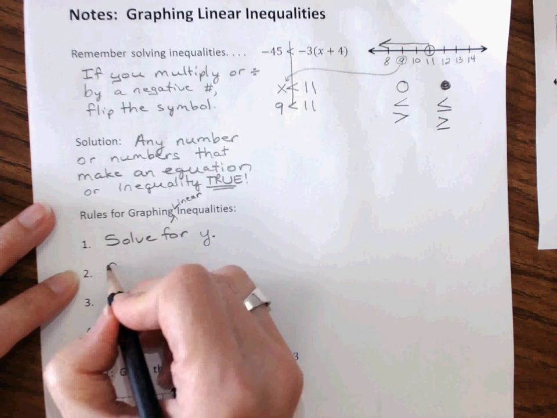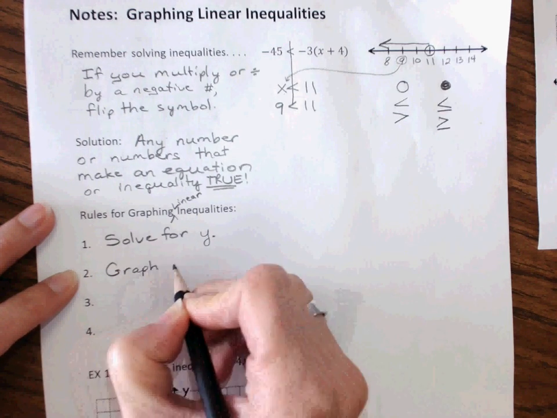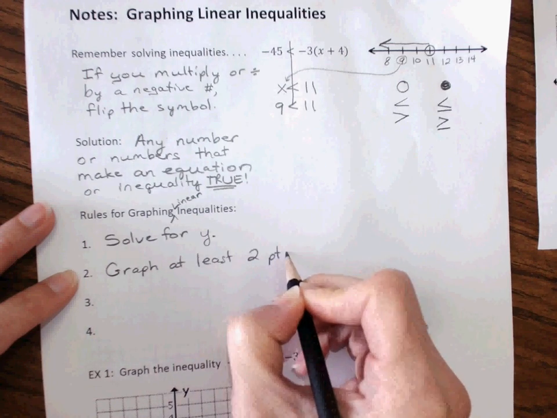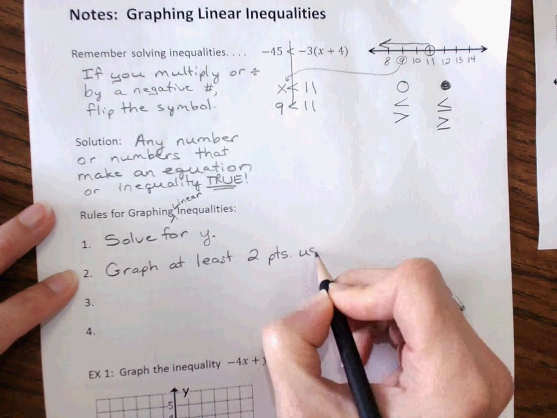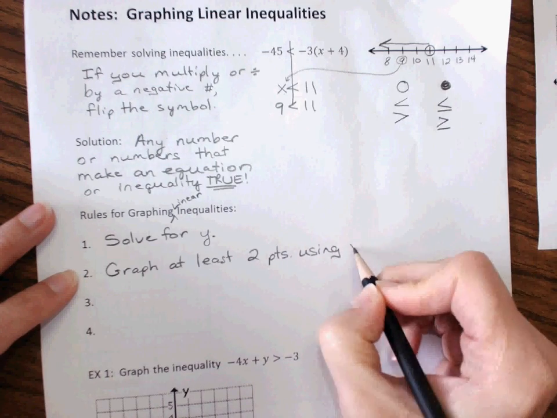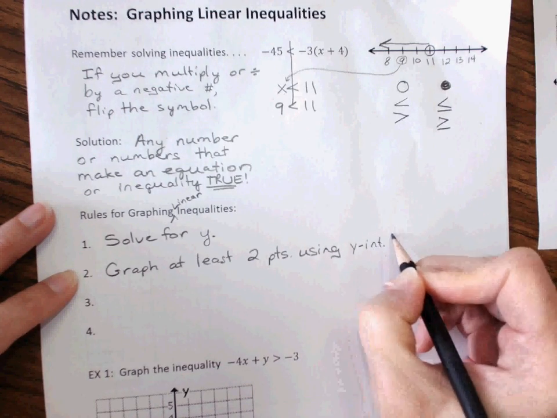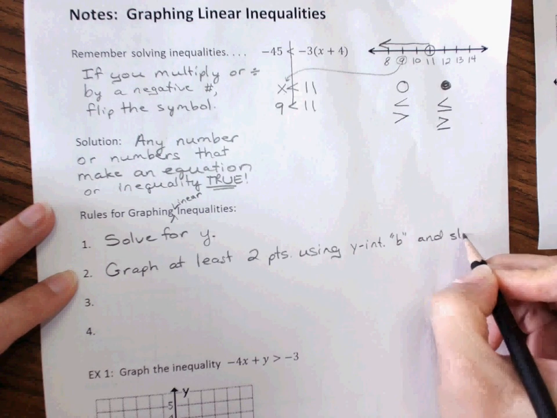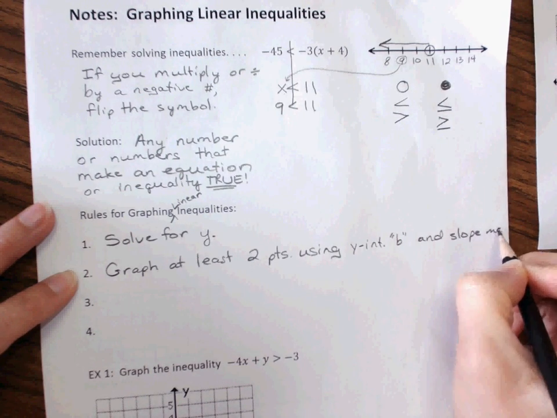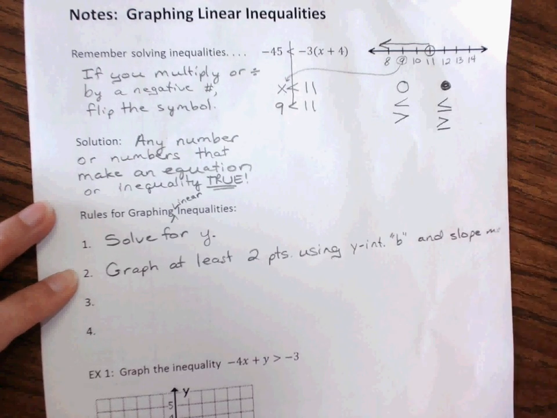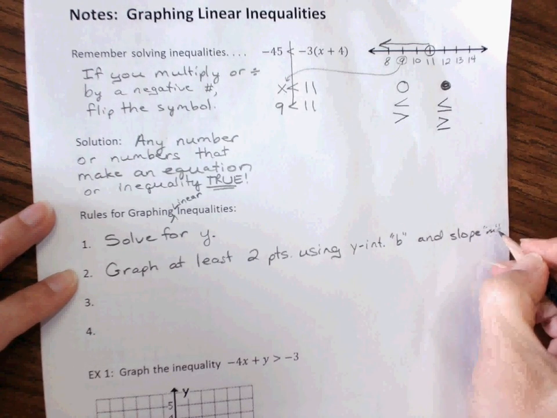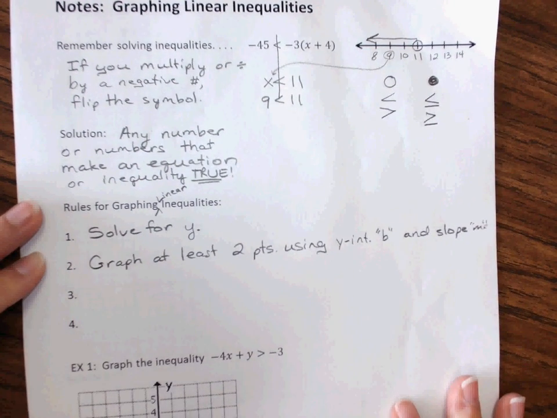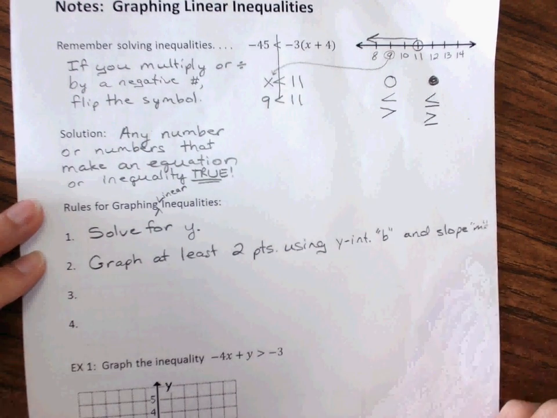The second step is to graph at least 2 points, using the y-intercept, which is the b value, and the slope, which is my m value. So we're graphing 2 points using the y-intercept and the slope.